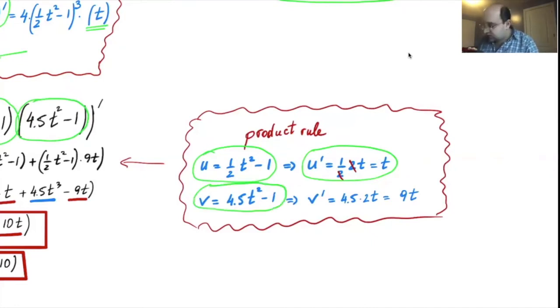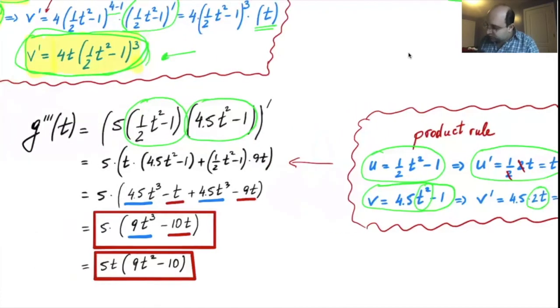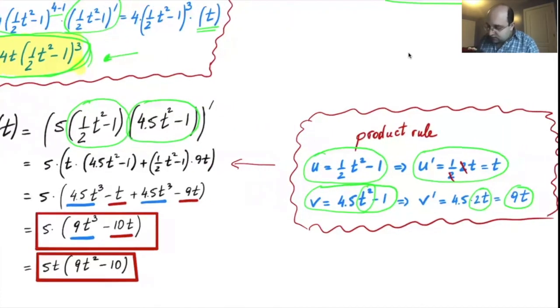So the derivative of v is 4.5 times 2t, right? It's the derivative of t squared minus the derivative of 1, which is 0, so that's why I didn't write it. So the whole thing becomes v prime equal to 9t. We use these things and plug them into this expression.